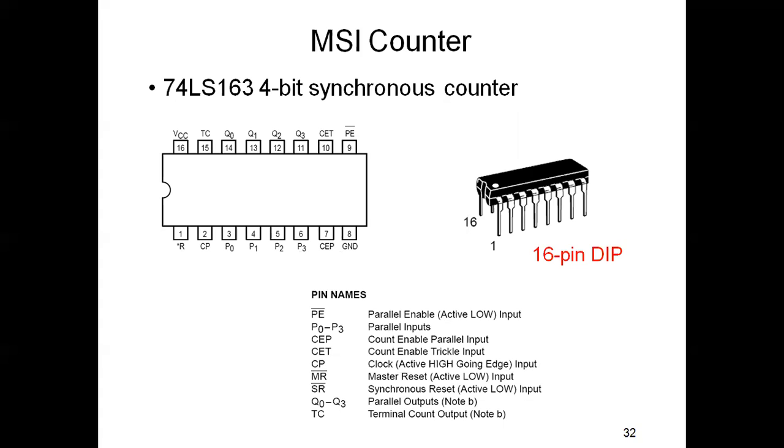CEP is the count enable parallel input, and CET is the count enable trickle input. CP is the active high going edge clock input, pin number 2. MR bar is the master reset active low input.